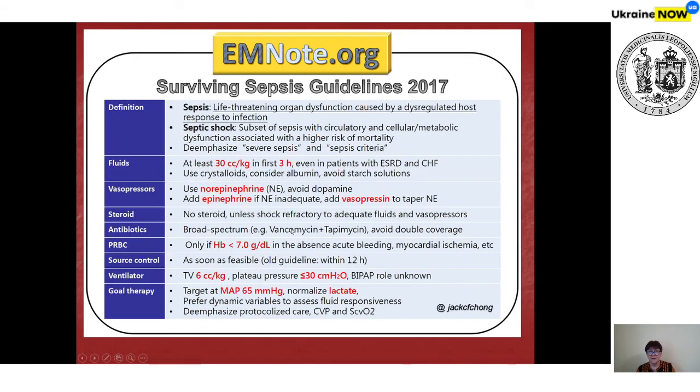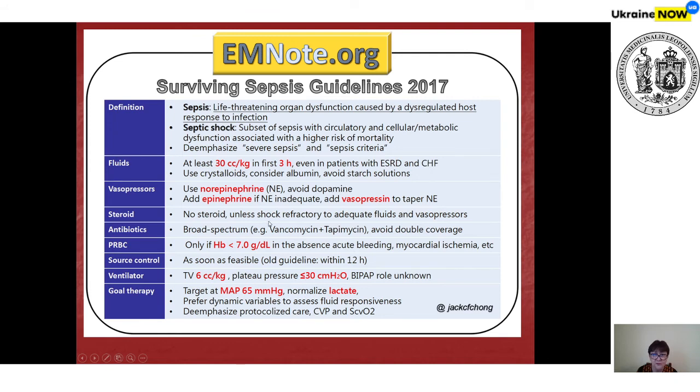This is a summary of Sepsis-3 guidelines. As for definitions, these guidelines de-emphasize severe sepsis and sepsis criteria. Fluids during the 3-hour window: 30 ml per kg in all patients is considered. Vasopressors we'll discuss in detail.